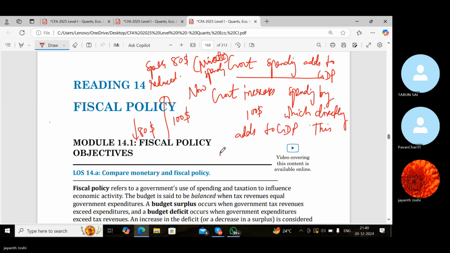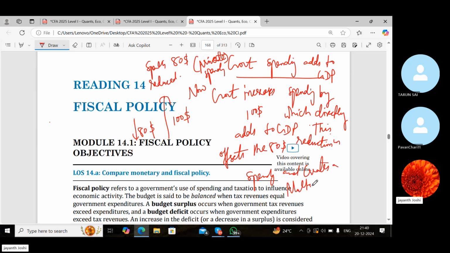This offsets the $80 reduction in spending and creates a multiplier effect. Okay.